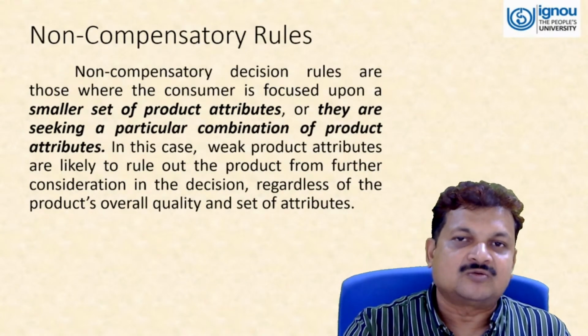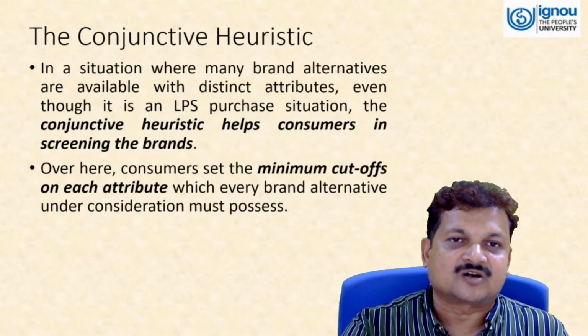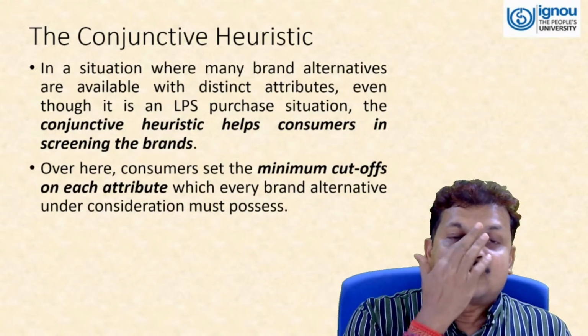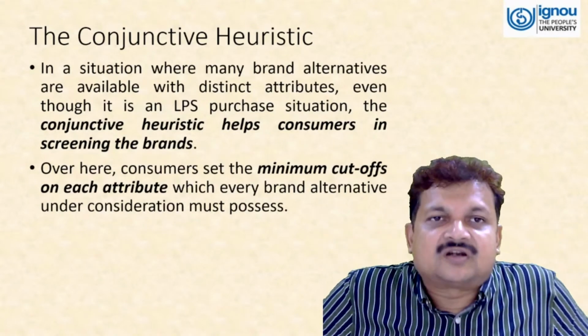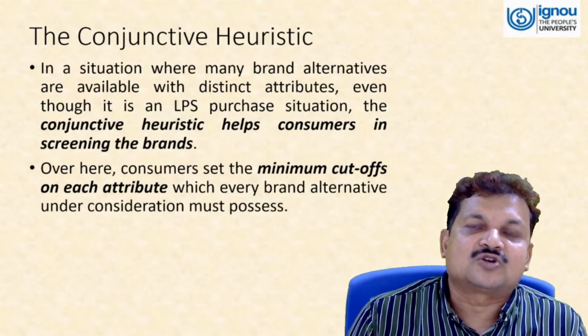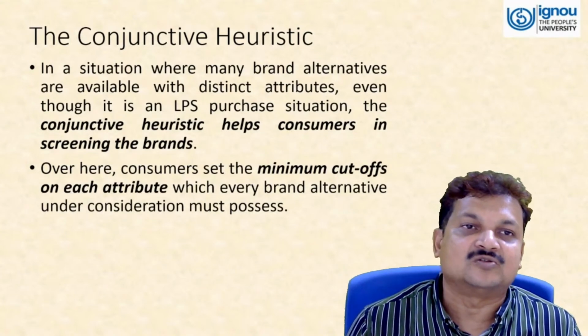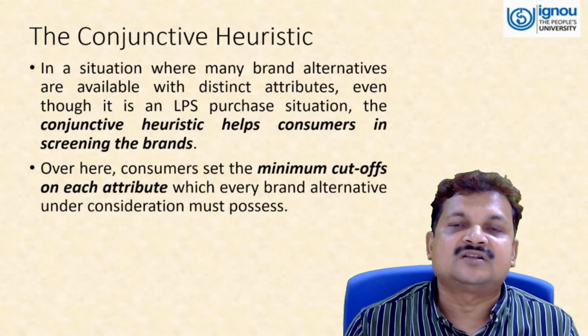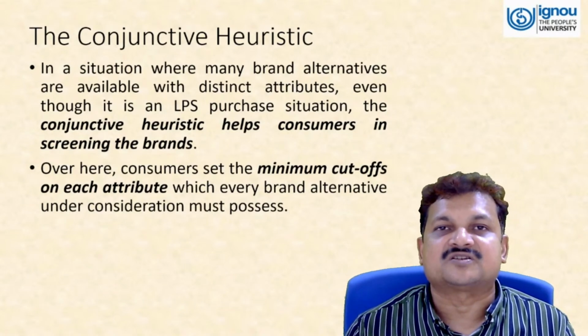So for non-compensatory, what I discussed, consumers seek a particular combination of a smaller set of product attributes. Under that we have three rules: conjunctive rules, disjunctive rules, and lexicographic rules. We'll go through them next, where each attribute's score changes the decision of the customers.